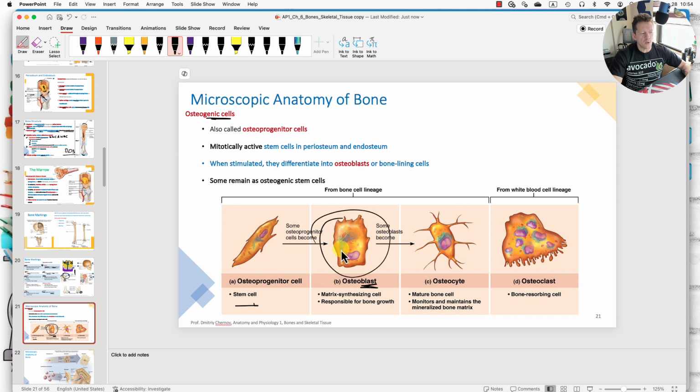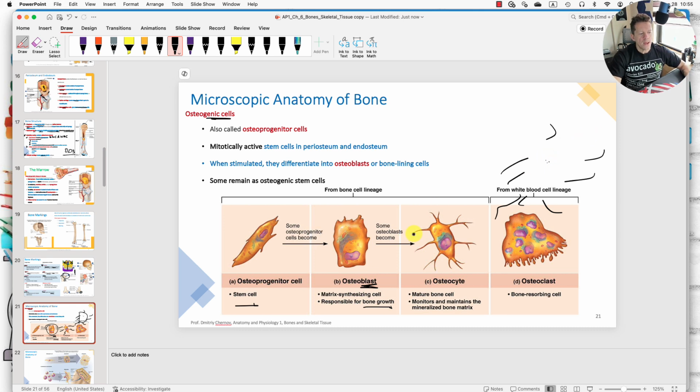The osteoblast is immature, responsible for bone growth, and then will become a mature cell called an osteocyte. The osteocyte is trapped in the lacunae. Through its dendrites, it communicates through the canaliculi to a neighboring osteocyte trapped within a lacuna.